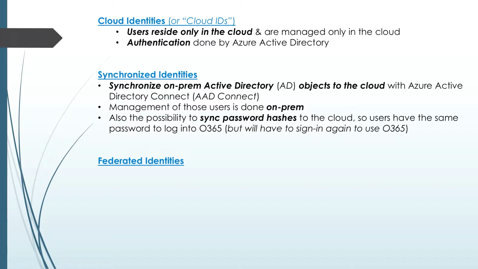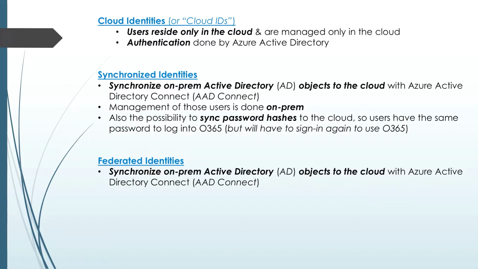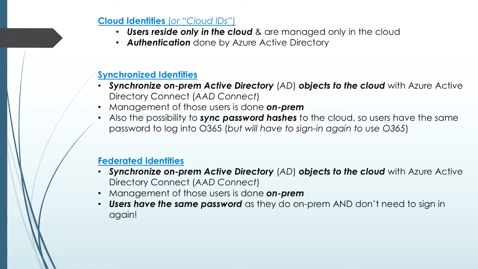Then the last one is the federated identities. Here it's the same thing. You synchronize your on-prem AD objects to the cloud with AAD Connect. You manage your users on-prem, not in the cloud, and the users have the same password that they use on-prem, and they also don't need to sign in again.